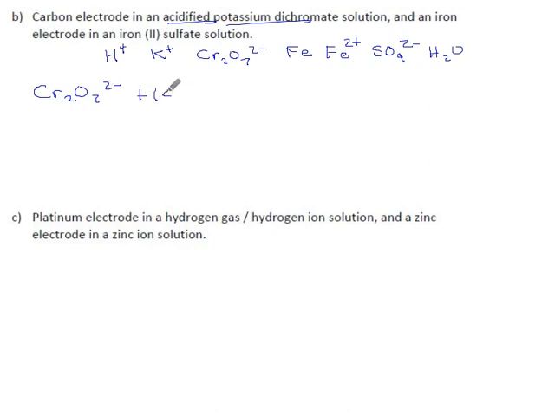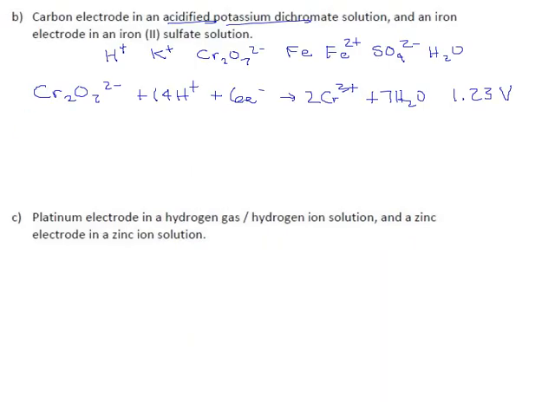I'm copying out of my paper data book now so you don't have to watch me flip back and forth over and over, plus 6 electrons. Produces 2 chrome 3s and 7 water and 1.23 volts.